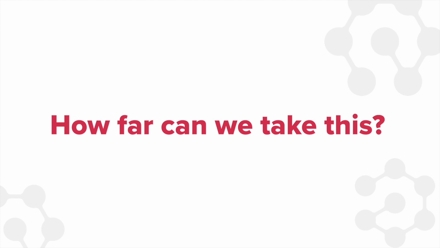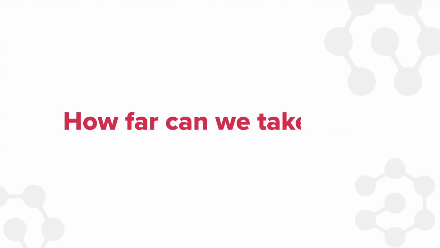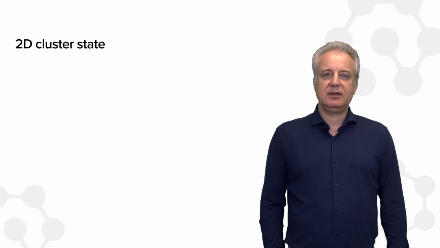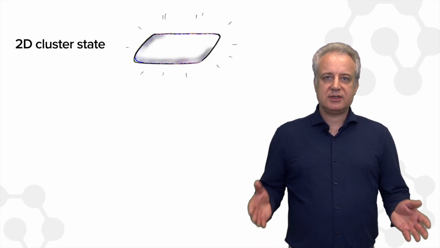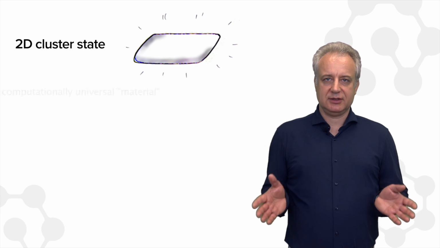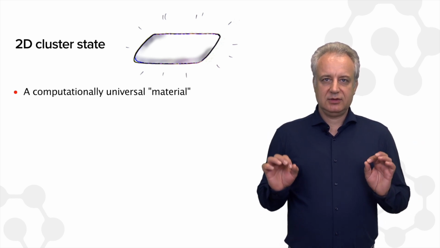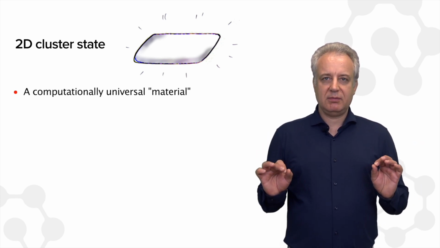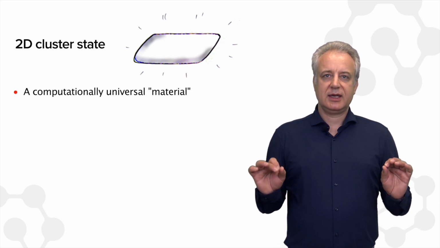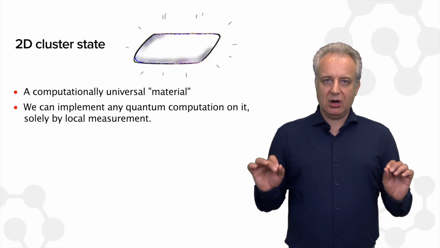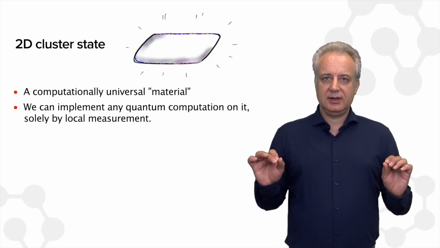So how far can we take this? Maybe the funniest thing that we can do with two-dimensional cluster states is use them for quantum computation. So these 2D cluster states form universal substrates. Any quantum algorithm can be implemented on them by local measurement.